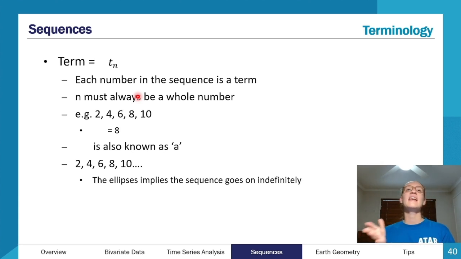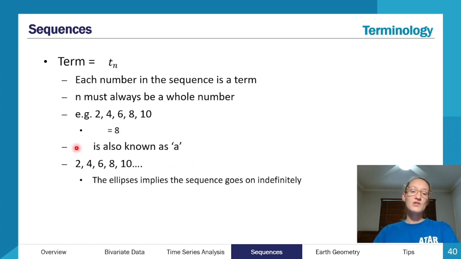So if I said let n equal 1.5, so I can talk about term 1.5, we can't have that. It kind of just messes with the pattern, and we don't really do it that way when we're talking about sequences. So n always needs to be a whole number. And this is the example of the sequence I gave earlier. All we've got to do is count along: term 1, term 2, term 3, term 4. Term 4 is 8. Super simple.